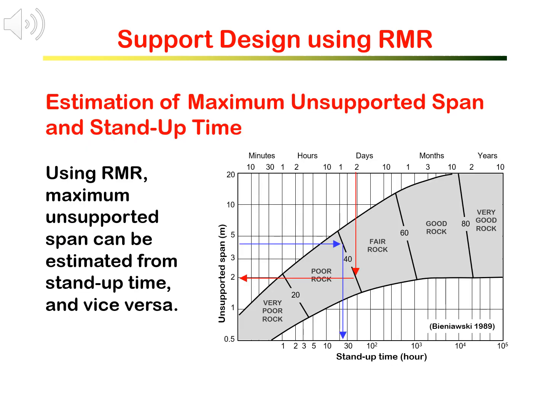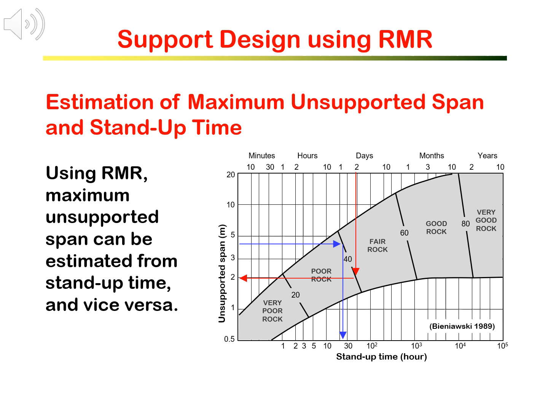We have mentioned earlier that RMR can be used to estimate unsupported span and the stand-up time. The estimation is done on this chart. Here, by knowing the RMR, we can estimate maximum unsupported span from stand-up time and vice versa.